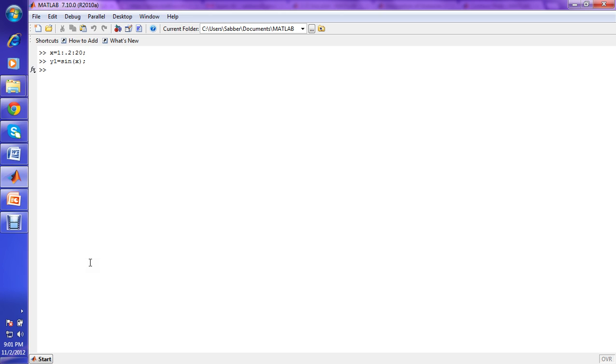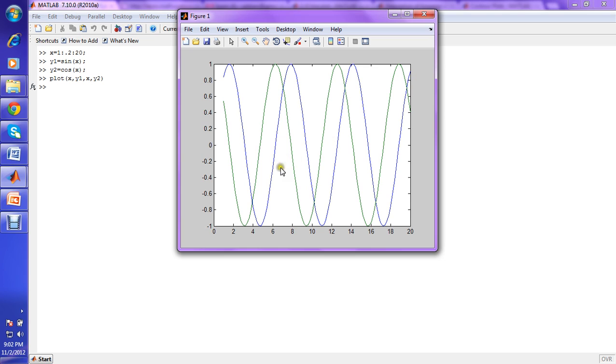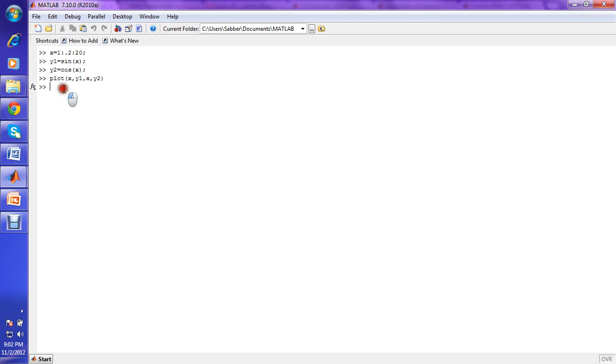Okay, y2, sorry, y2 is equal to cos x. Okay, and if you want to plot with the plot function, x comma y1 comma x comma y2, then you see, right? So we can also put a grid on here, grid on.